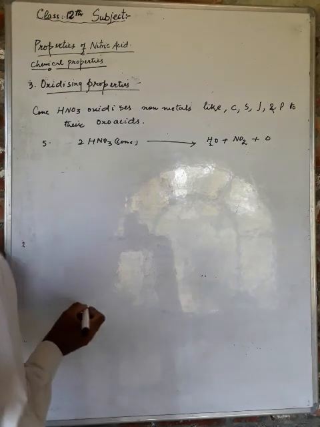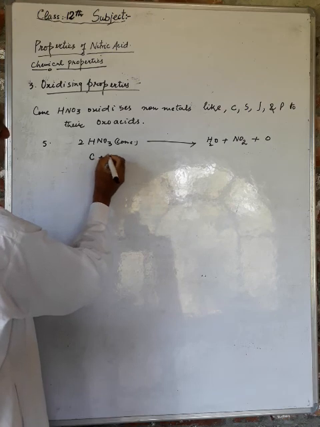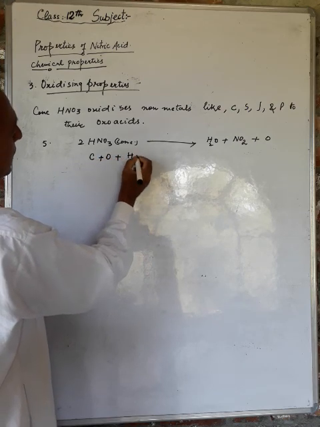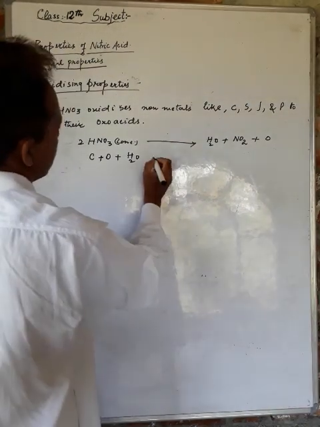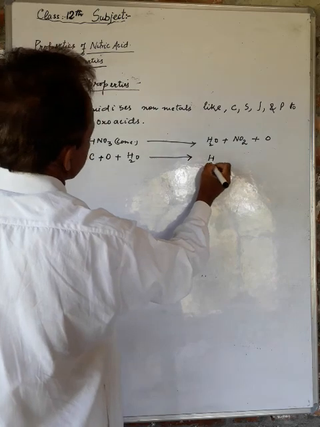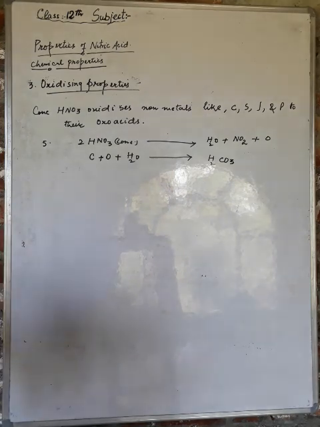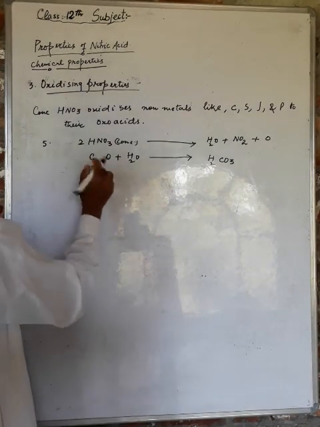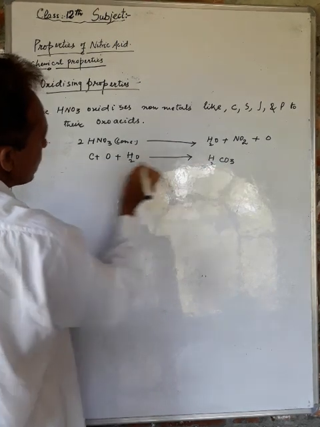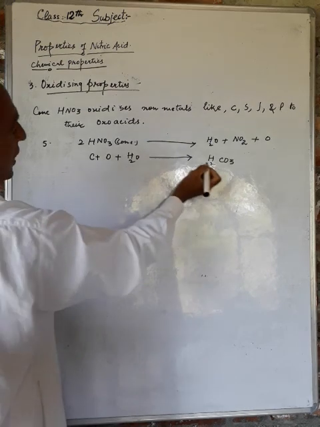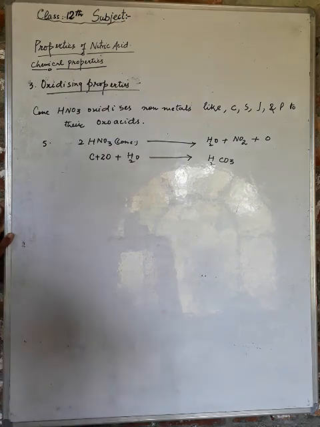Now carbon plus oxygen in presence of the water forms H2CO3. So carbon plus nascent oxygen plus water gives H2CO3. We will balance it: carbon 1, hydrogen 2, hydrogen 2, oxygen 3. So we will take twice nascent oxygen.